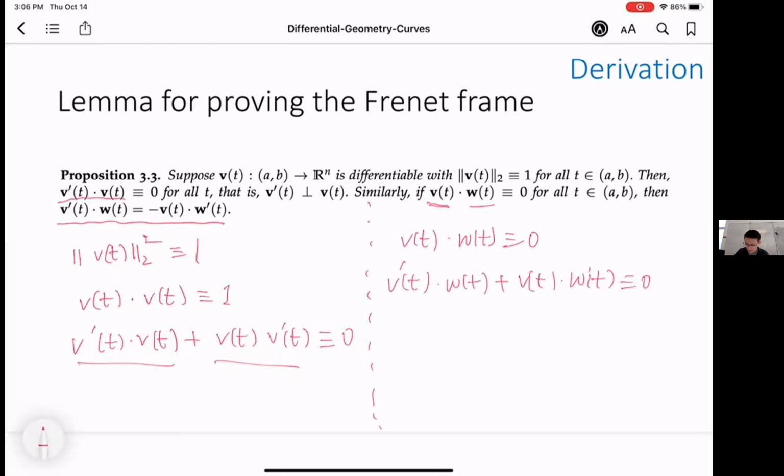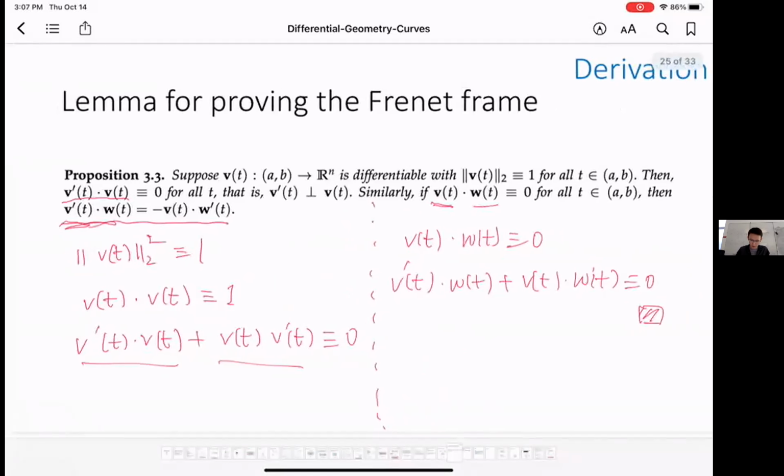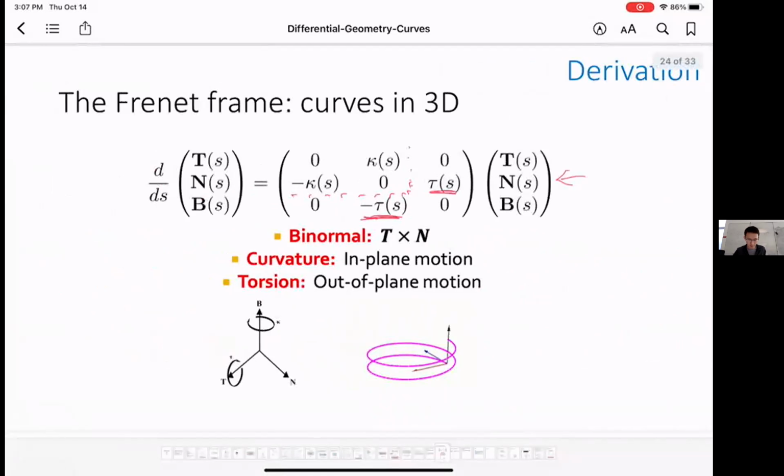The right-hand side is still 0, right? Up to this point, we're done, because the statement we're trying to make is just moving things to the right-hand side. These are the two useful lemmas. With them, we are ready to prove this theorem here.